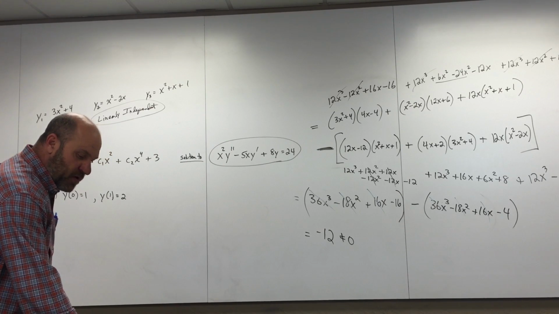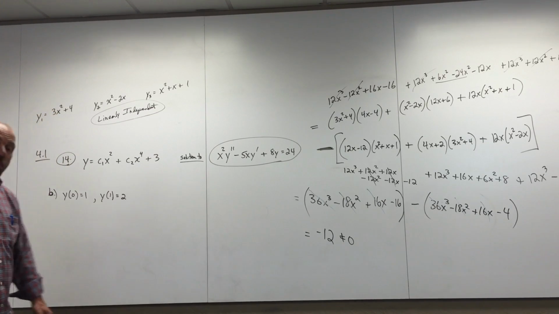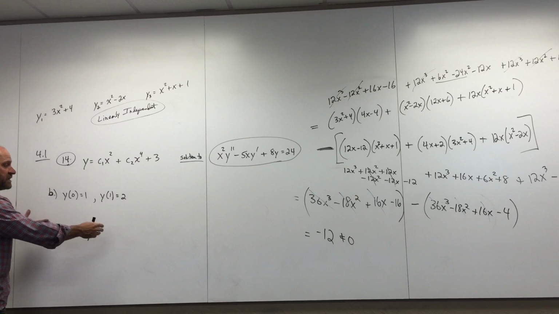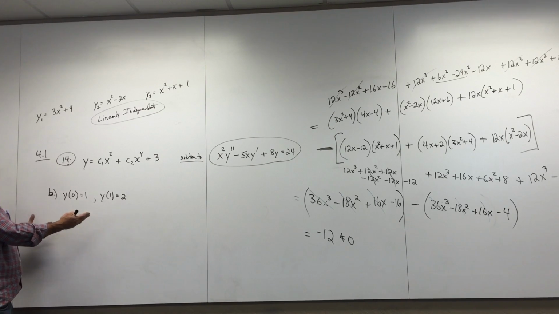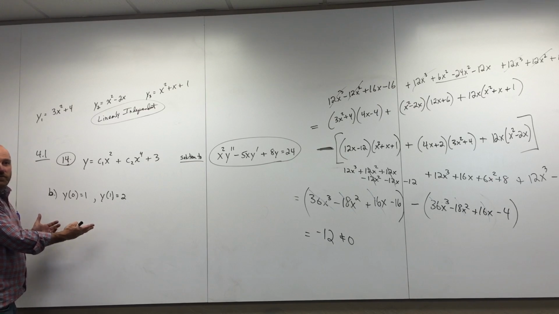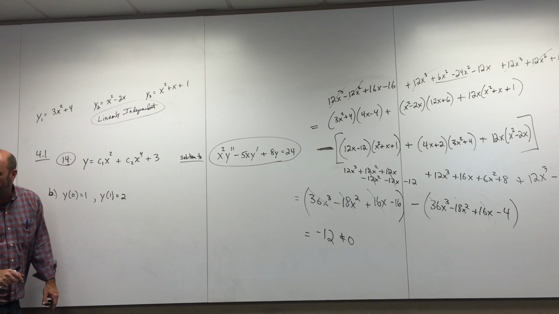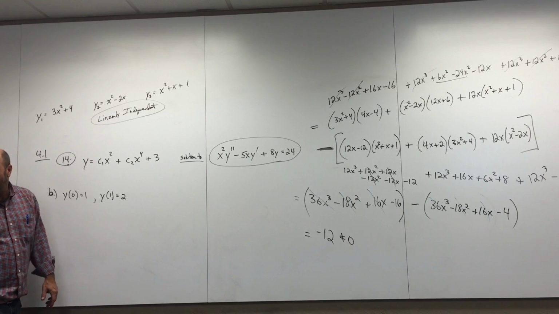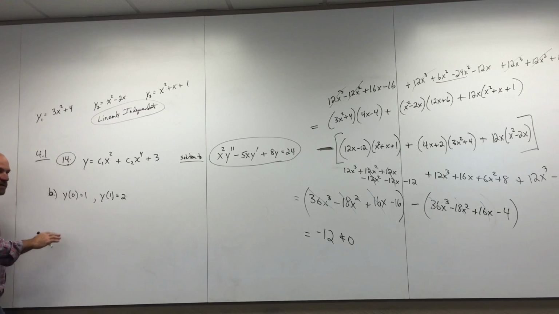it says, determine whether a member of the family can be found that satisfies these. What do you call these? Initial values, yeah, good. We call these initial values or initial conditions. Hang on. All of a sudden, your book calls them boundary conditions. This is very subtle. Not a big deal to me, but the book seems to make a big deal about it.